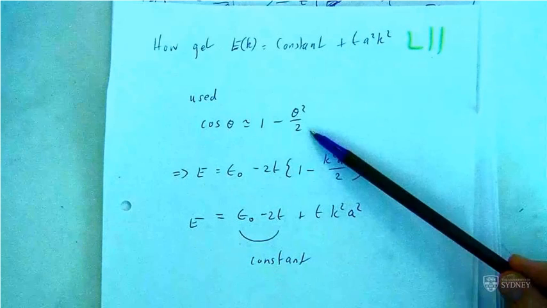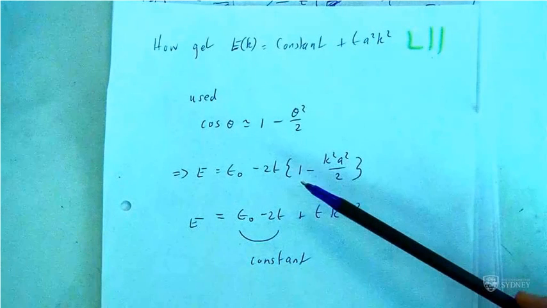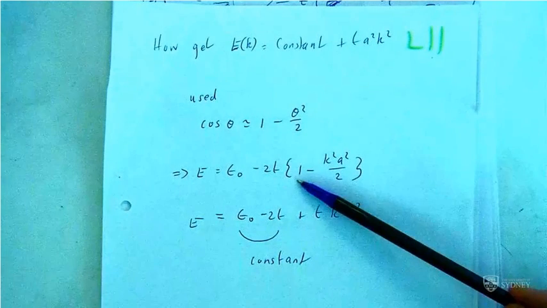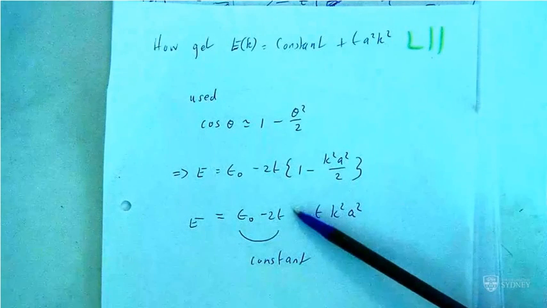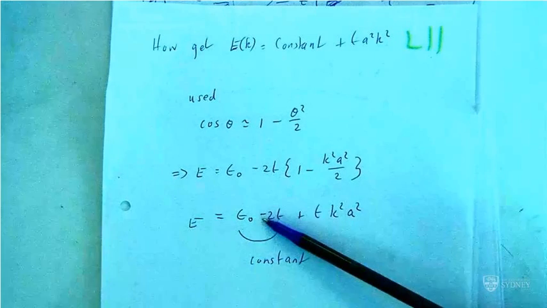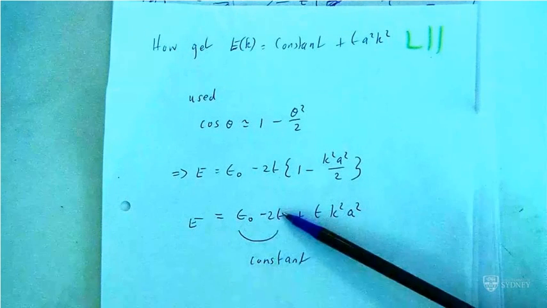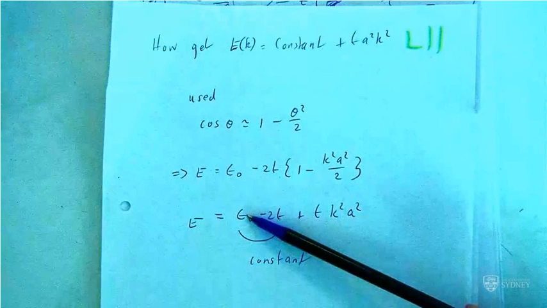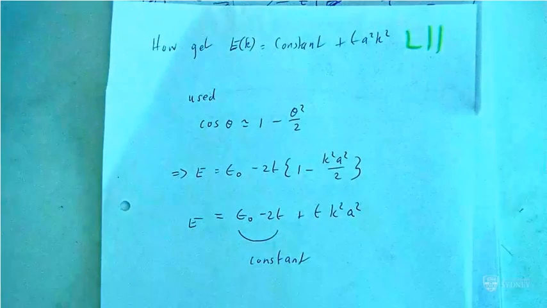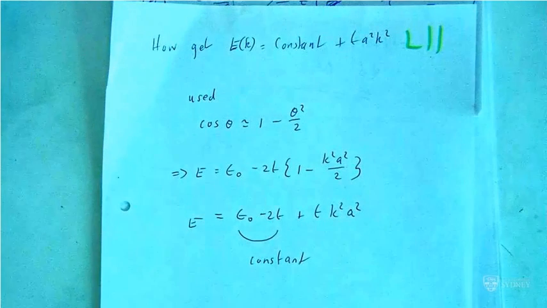So then you can just substitute it in and expand it out, and you can recognize that this first term is just a constant. That's just our hopping energy. That's our energy of the isolated atom. And so this is the way they've ended up with this expression here.